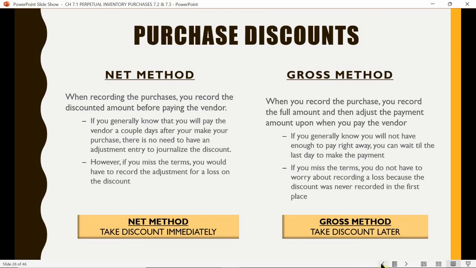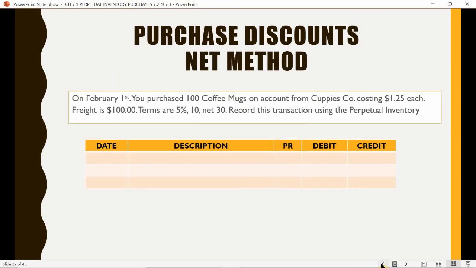So let's take a look at the net method. In this case, on February 1st, we decided to purchase 100 coffee mugs on account from Cuppy's Co. Each cup costs $1.25 with a freight of 100. In this case, there are terms of 5/10, net 30.